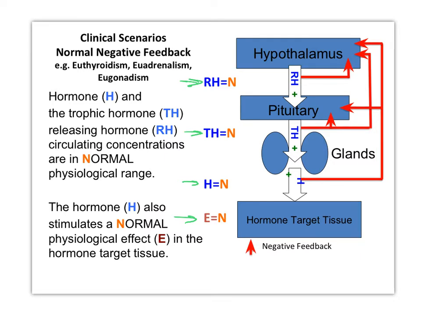Most of the time, what can we measure? We can measure sometimes the trophic hormone and the hormone, and occasionally we can clearly measure the effect. That would be the clinical outcome of the action of the hormone, but quantifying that may be more difficult than measuring a hormone in the circulation.